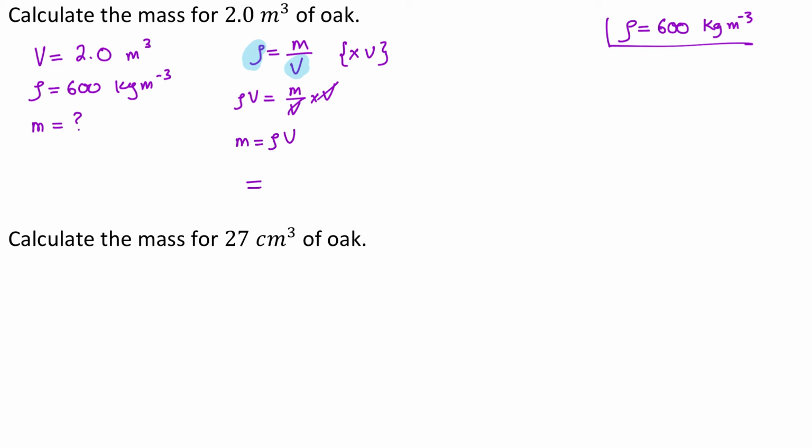So the density is 600 kilograms per meters cubed, and I'm going to write it out like this for a good reason that you will see a little bit later, multiplied by the volume value, which is 2, and the unit is meters cubed. And I'm going to leave it like this.